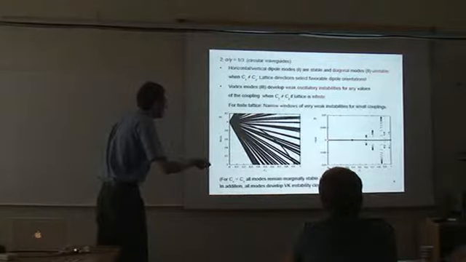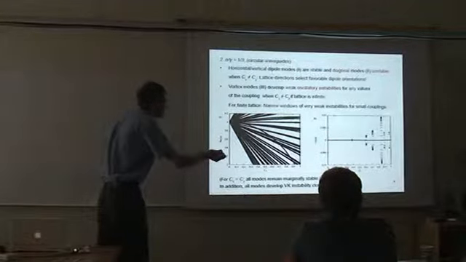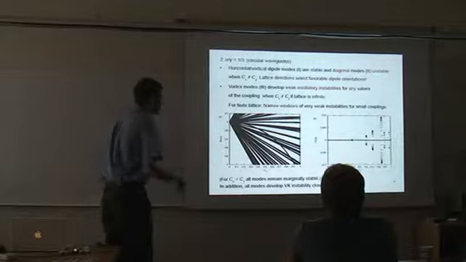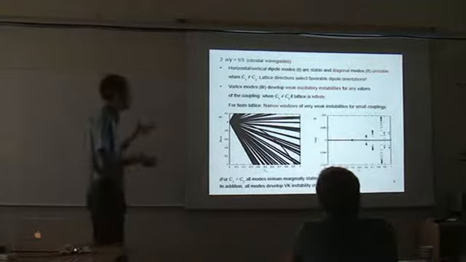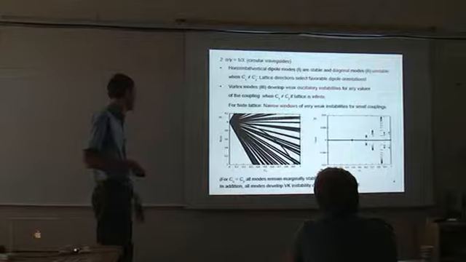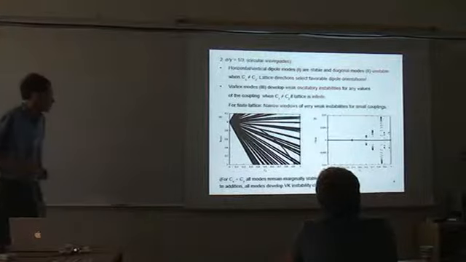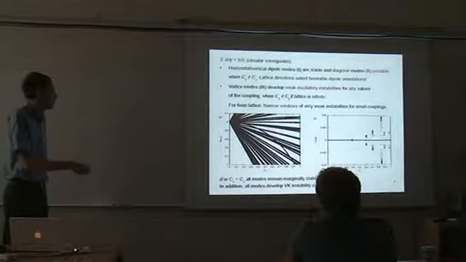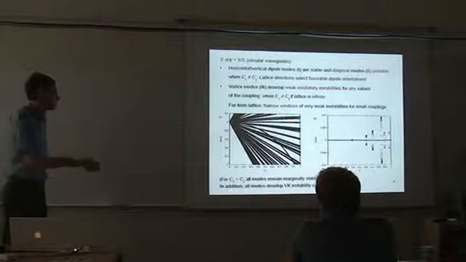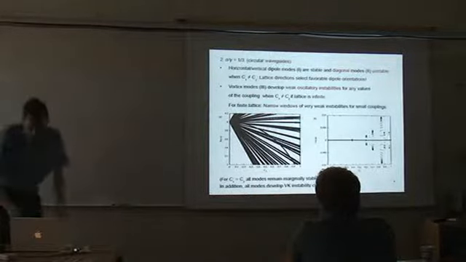So you will typically see very weak instabilities for small coupling, but when you increase it, you will get strong instabilities. This is an effect that comes from this resonance. Only in the case where the coupling constants are equal will you get marginal stability of the modes.